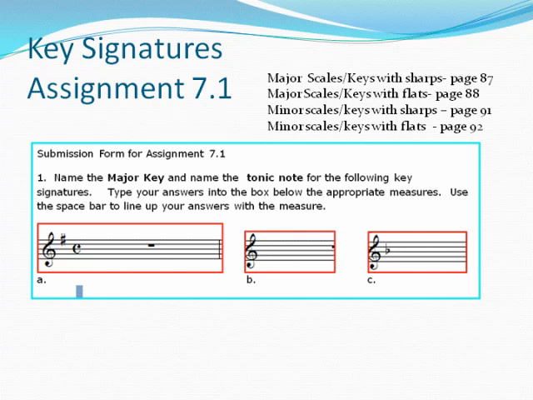Now, one of the things that you should know, if you read the textbook assignment like you're supposed to, is what the tonic is. Tonic just means the first degree of the scale or the key. The scale and the key are related.